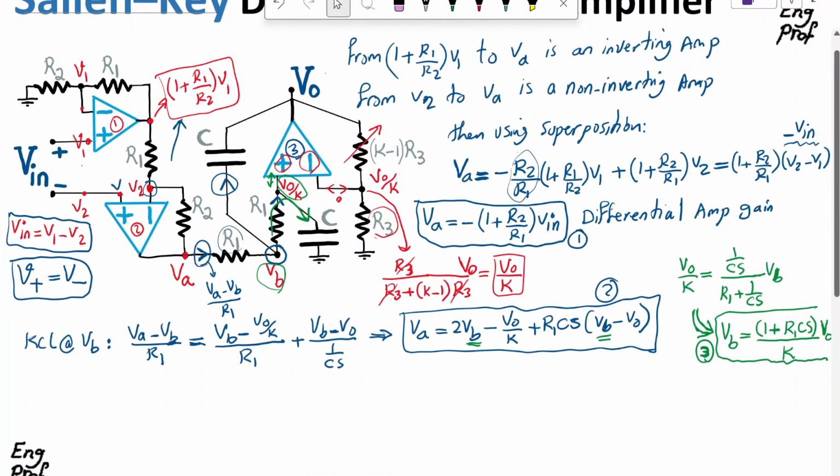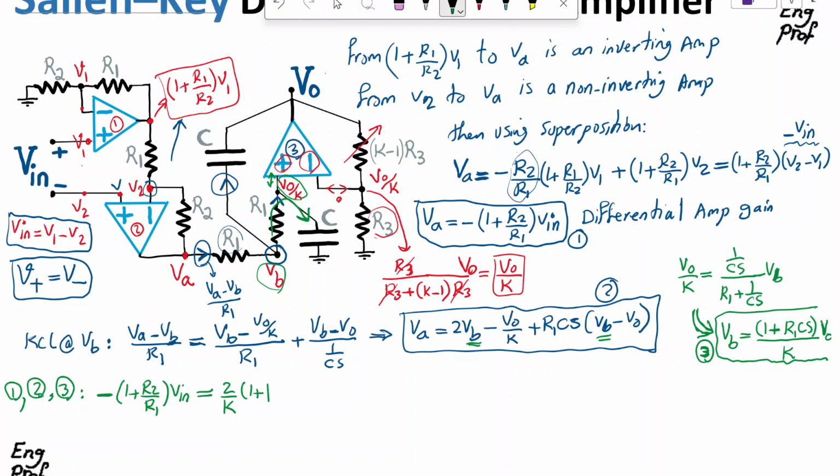I am going to use 2 and 3, and actually, I can also use the result from 1 instead of VA. So I can say negative 1 plus R2 over R1 times Vn is equal to 2 times VB, which is 2 over K, substituting for VB using equation 3, 1 plus R1 CS times V out.